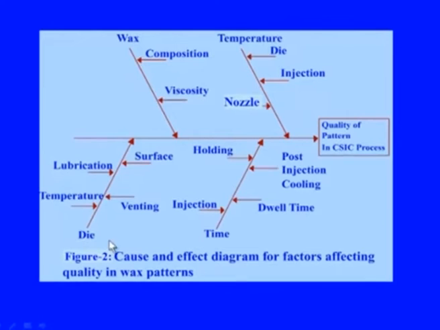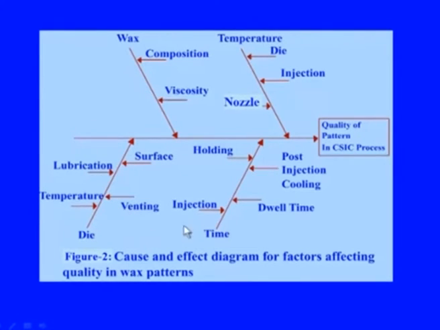Coming to the die, the die temperature, as I have already indicated in case of temperature based parameters. Then lubrication of the die, that affects the surface of the die, which can affect the surface of the mold or finally the cast product, and then venting of the die, which is responsible for escaping the gases.